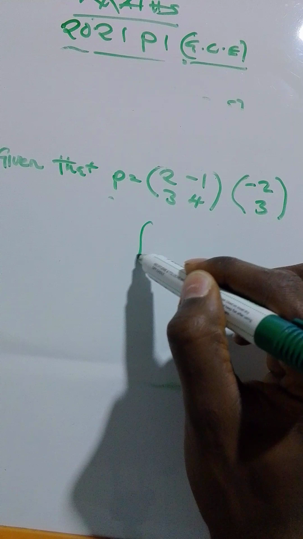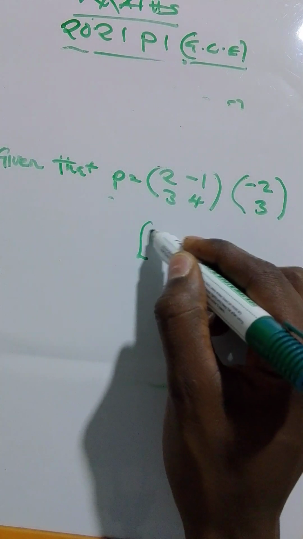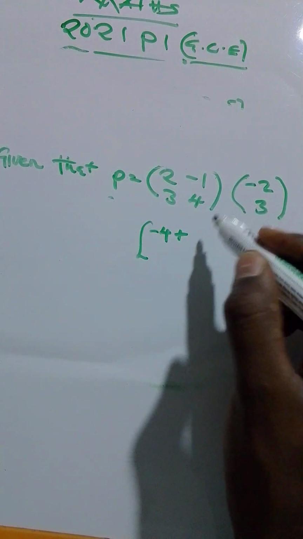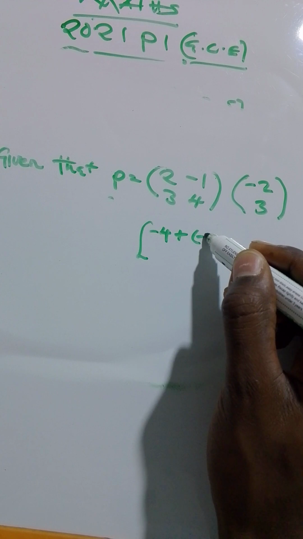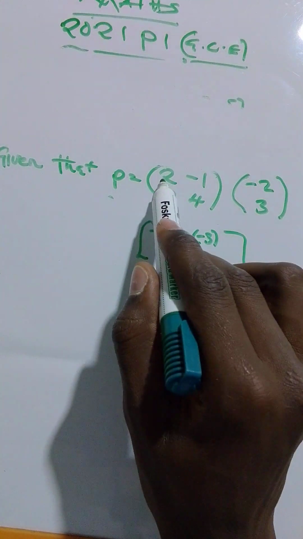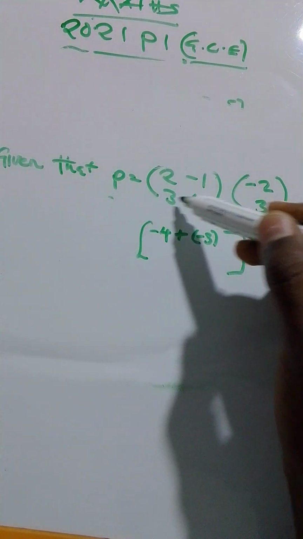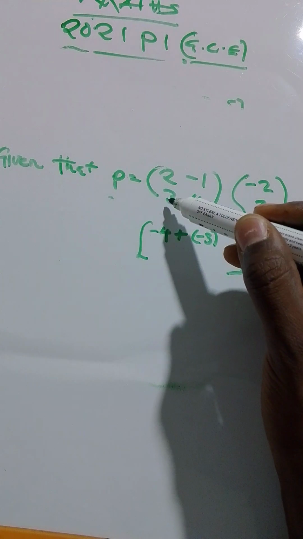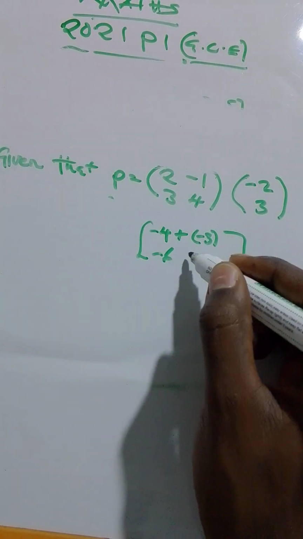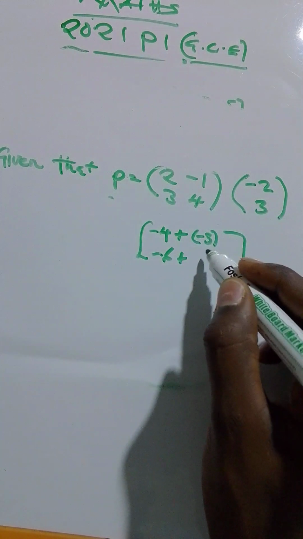Therefore, 2 times -2, we are getting -4 plus -1 by 3, we are getting -3. Then it means this row has done with this column. Again, this row with the same column. So 3 by -2, we are getting -6 plus 4 by 3, we are getting 12.